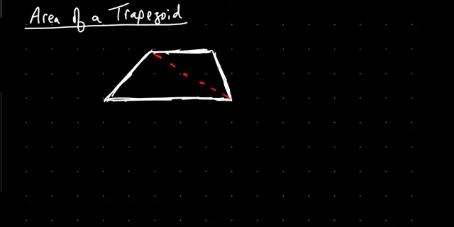And you will see here that the height of this triangle here is h. But if you look, this other triangle here also has a height of h.